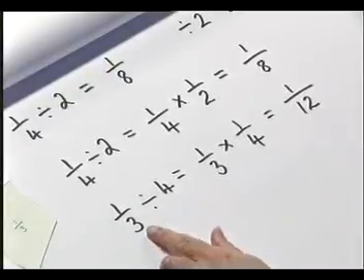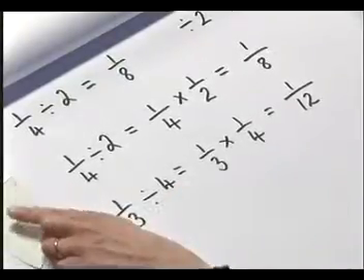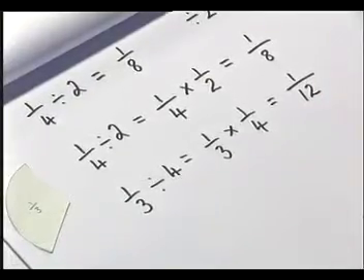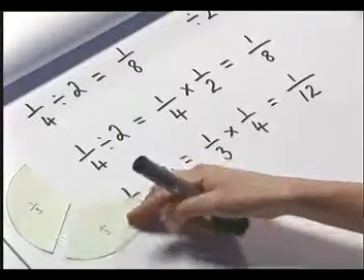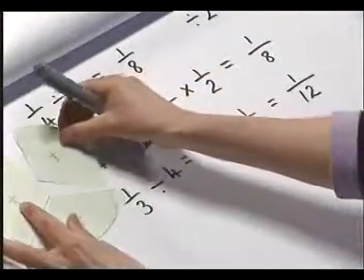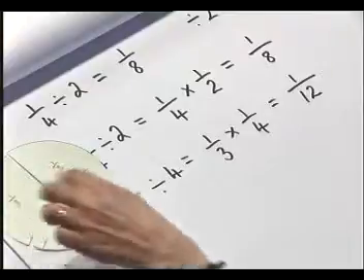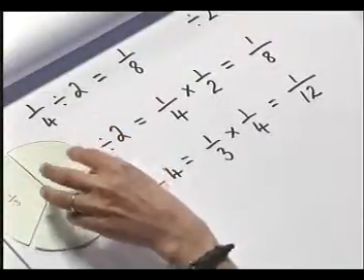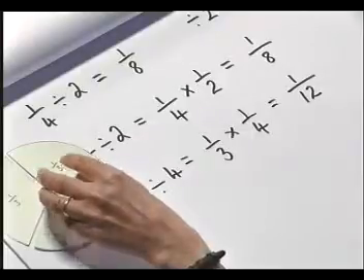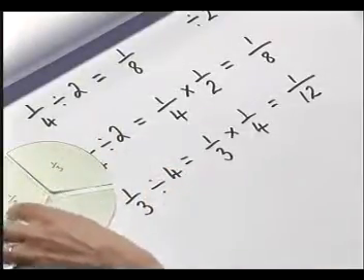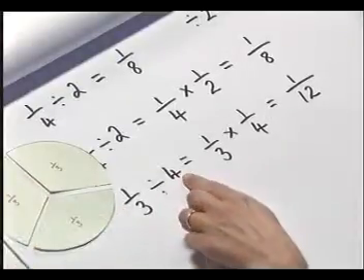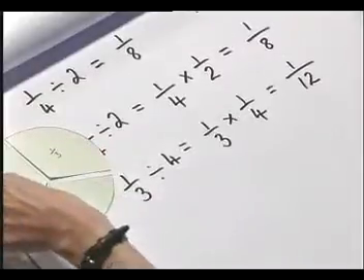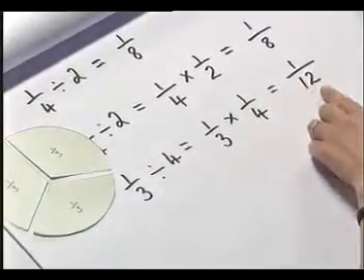So a third split into 4 pieces gives us a 12th. And again, if you think of each of these thirds being split into 4 pieces, we've got 4 there, 4 there, and 4 there. So our whole is 12 pieces. And we've taken one of them because we wanted 1/3 divided into 4 bits. So we take one of them, so we've got a 12th.